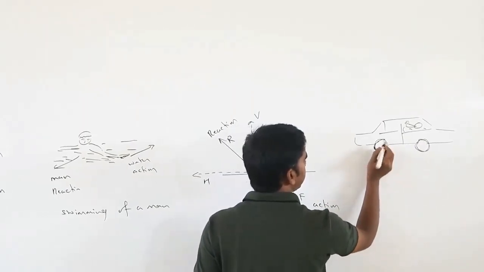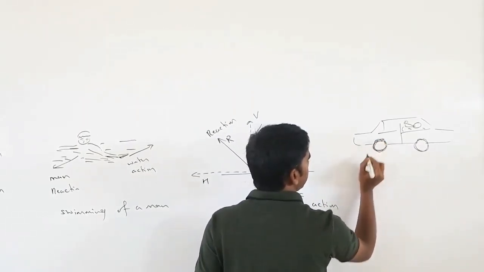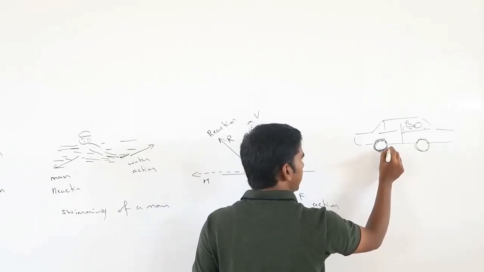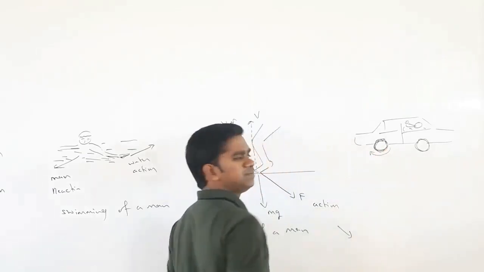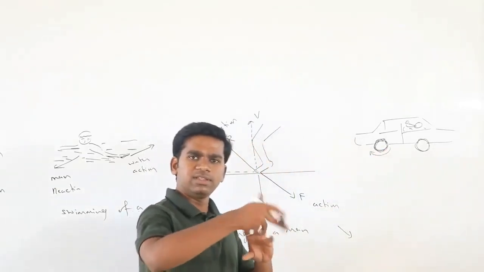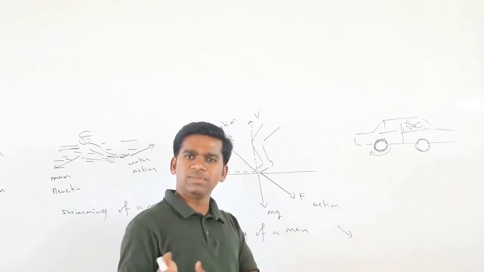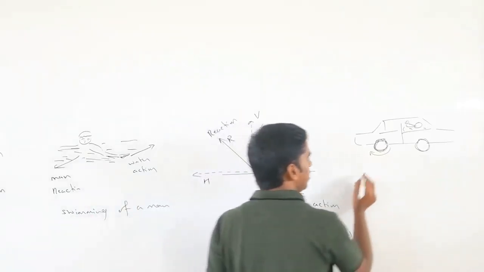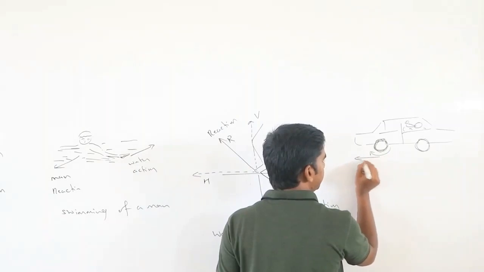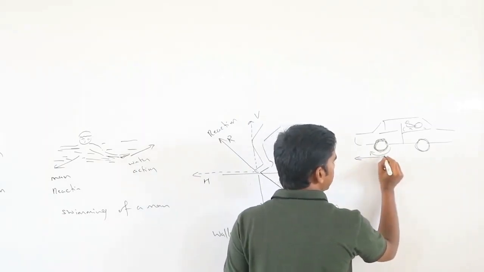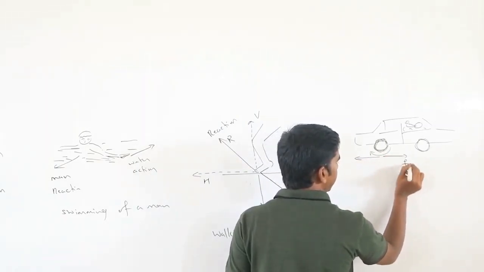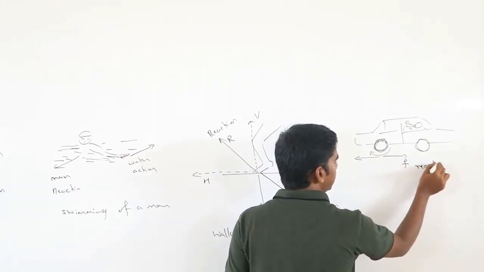So what will happen here? Usually your wheels will rotate in this direction. Yes or no? If the wheels are rotating in that direction, obviously you should move backward, but you will not move backward. When the wheel moves in this direction, some frictional force will act in this direction. The reaction will be in this direction.